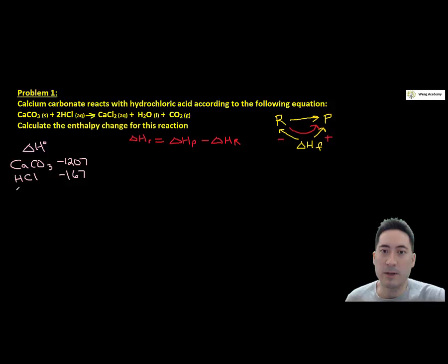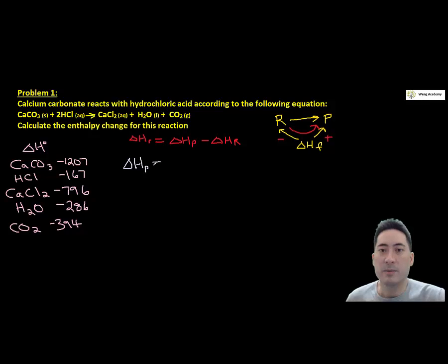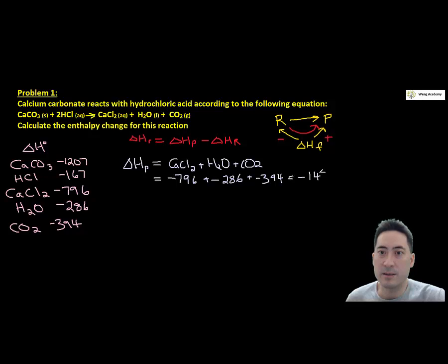We then write out all of the different values. Always do your prep work so you don't make the small mistakes that will stop you getting 100%. Then we work out the delta H of the products, write out the different compounds with the correct moles, and then sub in the values to get minus 1,476 kilojoules.